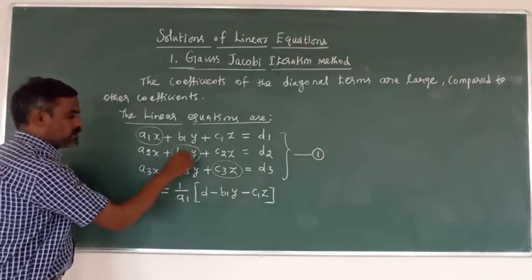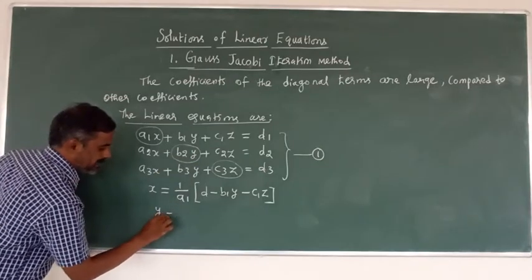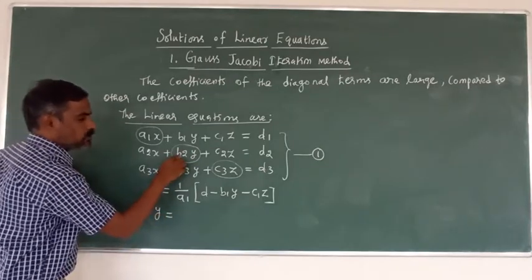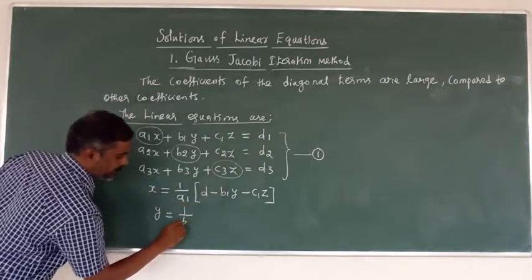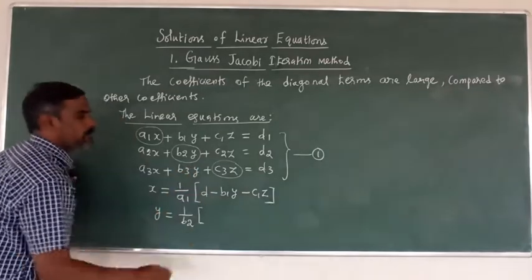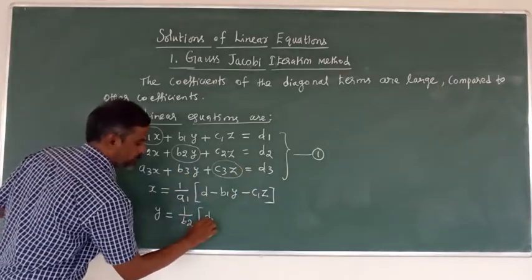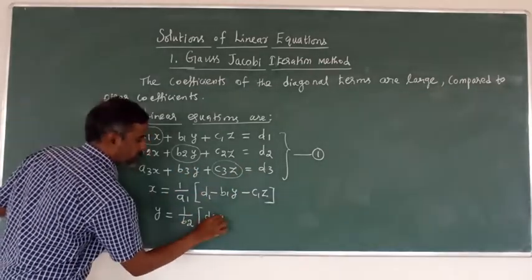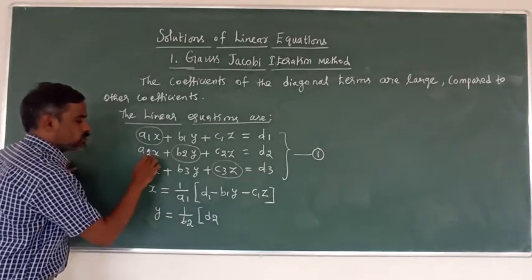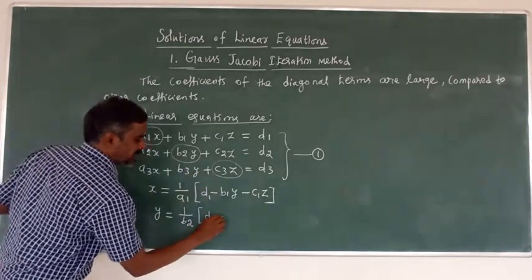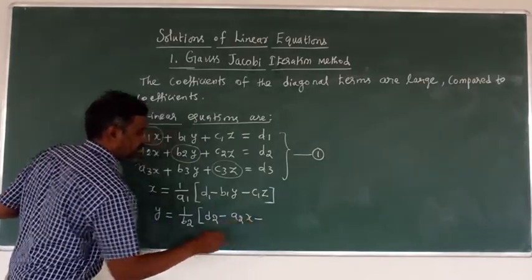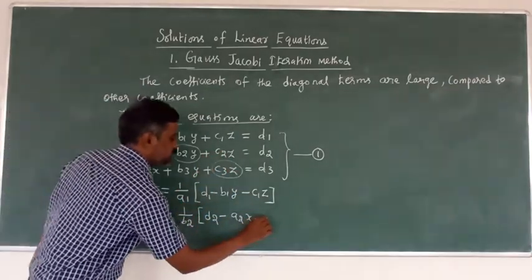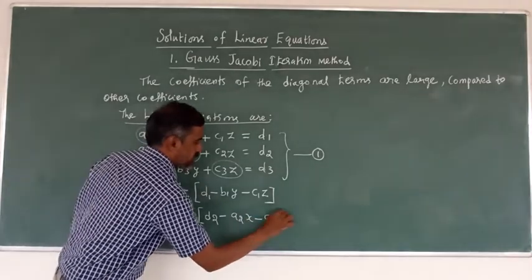Now to find out the y value, y equals 1 divided by b2, within bracket d2 minus a2 x minus c2 z.